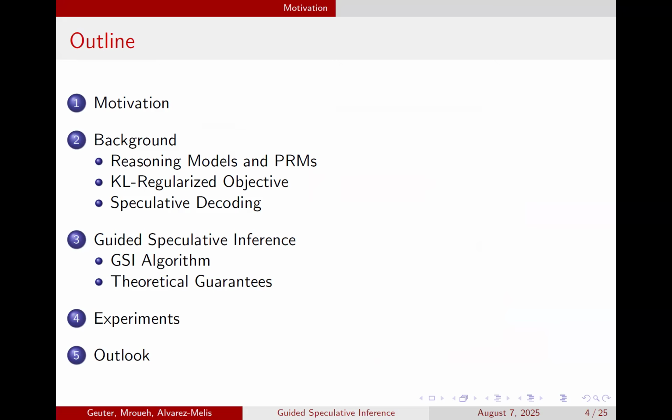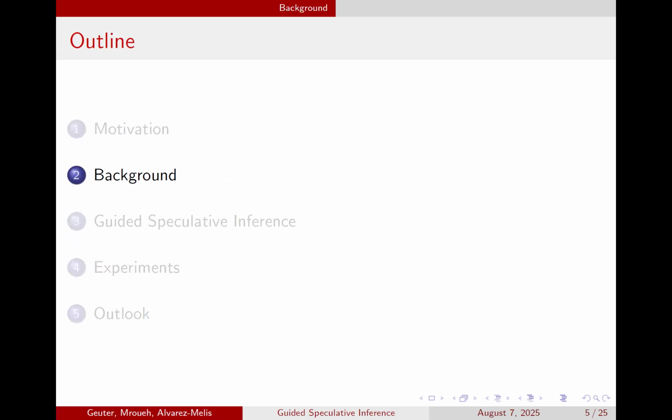I'll also talk about speculative decoding, which is an idea where you use a smaller language model to speed up the inference with a larger language model. Then I'll talk about our algorithm, GSI, Guided Speculative Inference, derive the algorithm and show that it comes with theoretical guarantees, and then talk about experiments and give a quick outlook for future research.